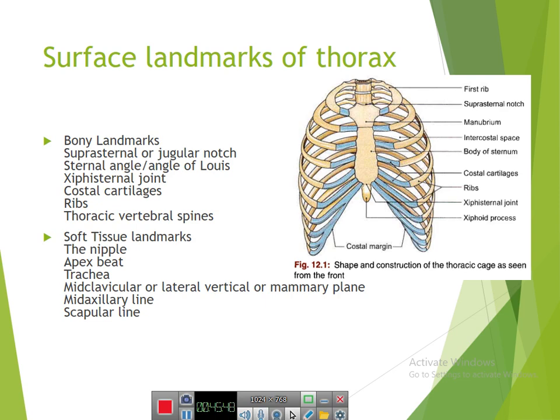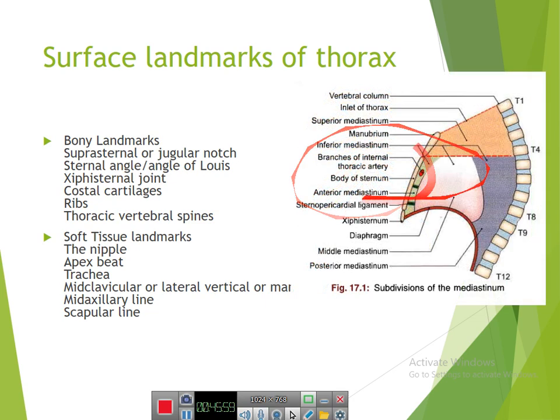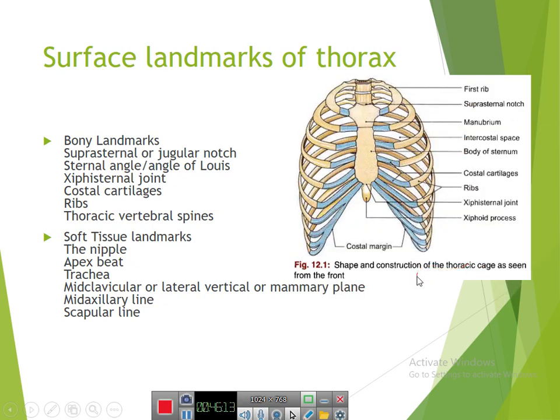And more about this angle is that the azygos vein arches over the root of the right lung and opens into the superior vena cava. As you can see here, we have a superior mediastinum here and the inferior mediastinum that I will teach you in the future. We are talking about the sternal angle or angle of Lewis that is located here.